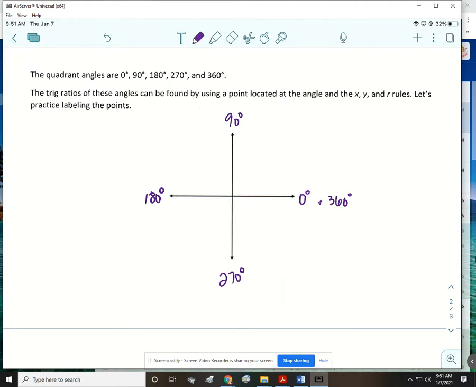For 0 degrees, what you want to do is find the coordinates of a point that is located at 0 degrees. The best points to use are ones that are just 1 unit away. So 1 unit to the right is going to be the point 1, 0.